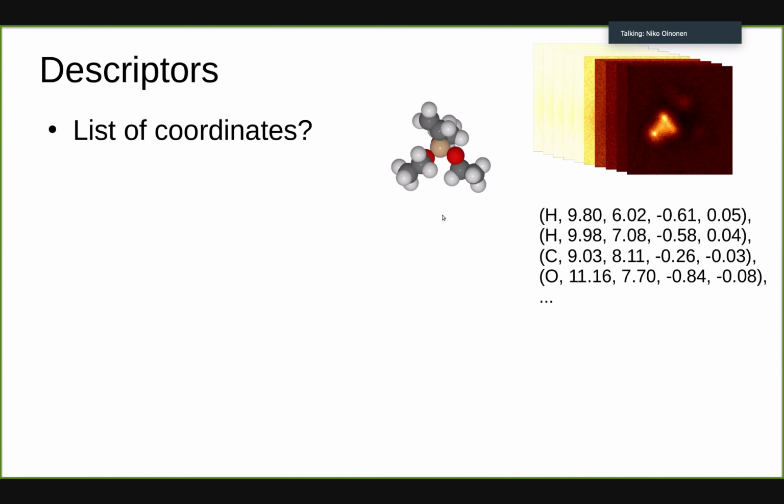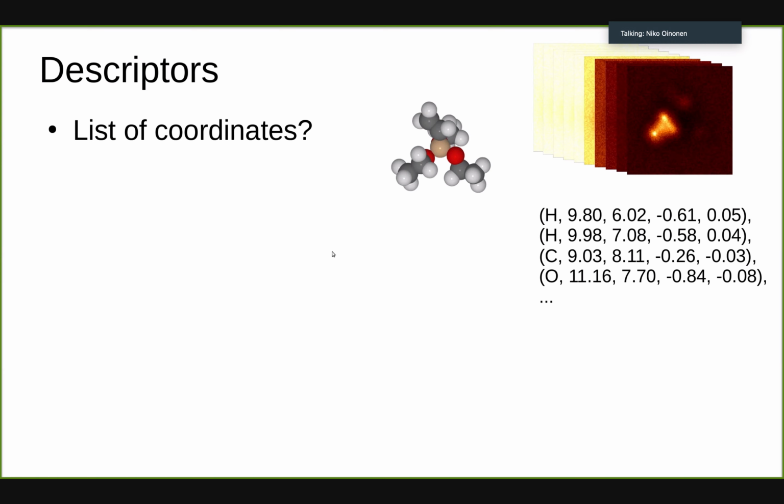The problem is that there are certain invariances inherent to the structure of the molecule that the network has a difficult time learning. So, for example, if we translate the molecule to some other position, it's still the same molecule, but the coordinates of the atoms change a lot.